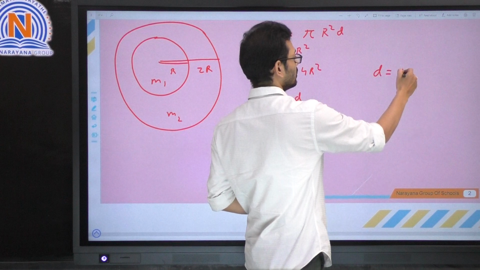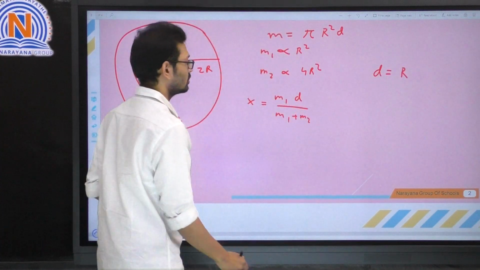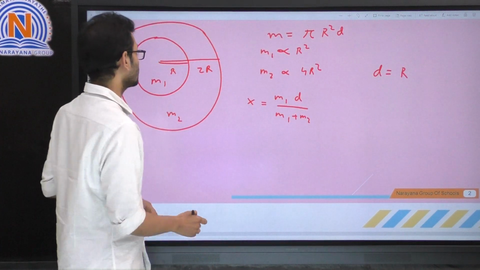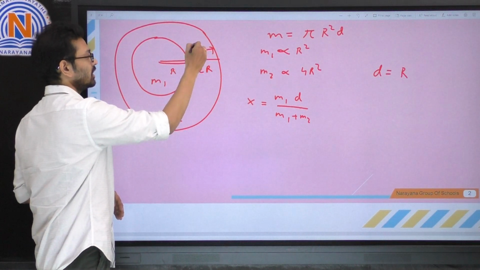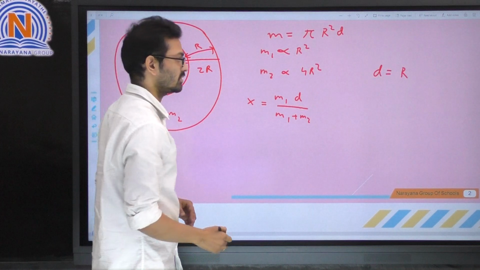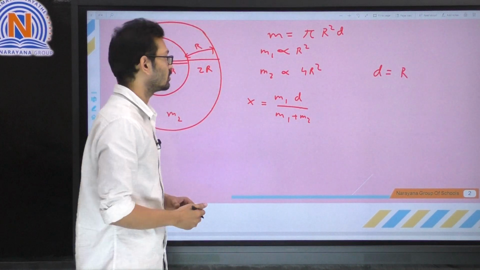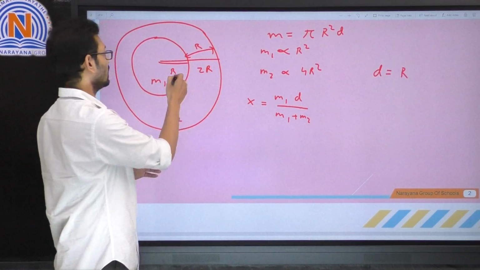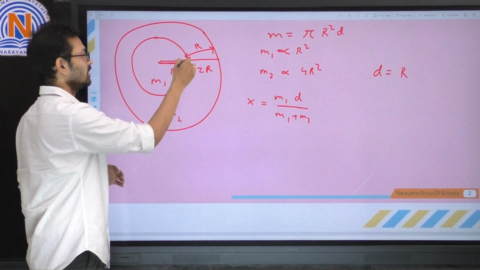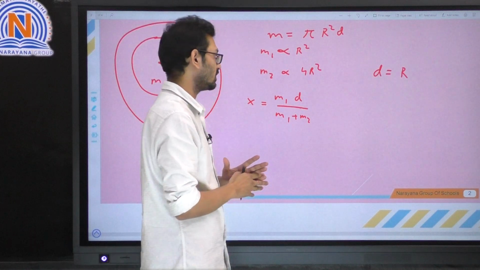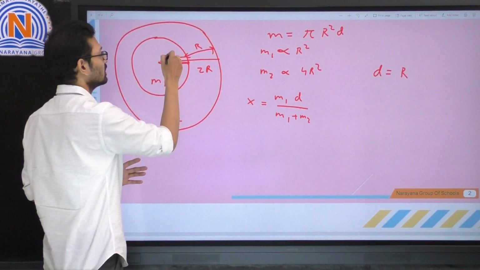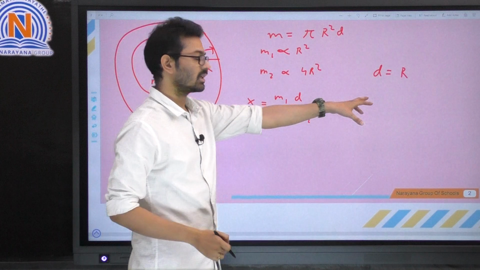That r is the distance from the second disk's center to the center of the smaller one, where both are touching each other. So this is r, and r plus r is 2r. Now d is taken as r.